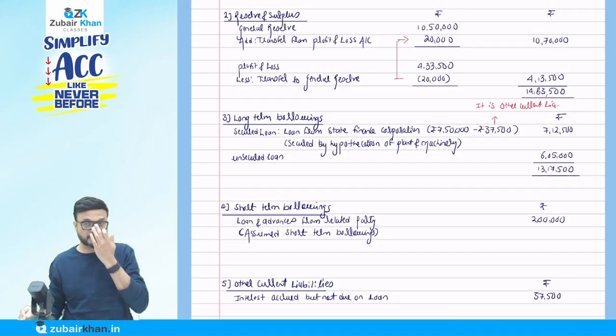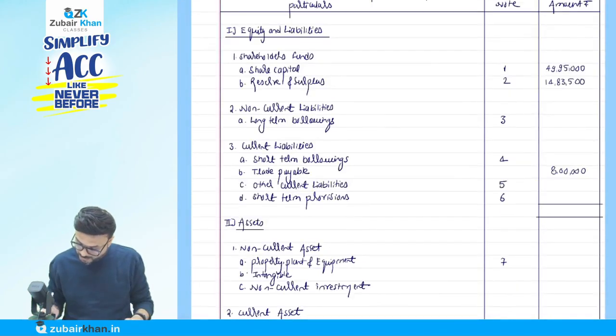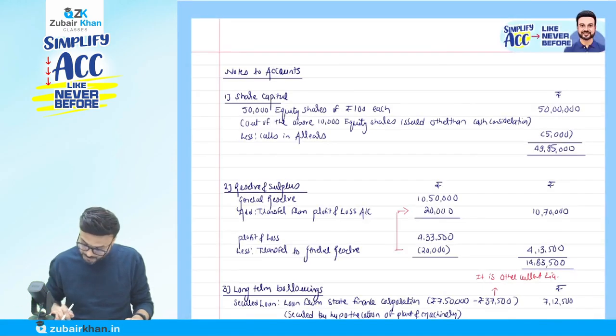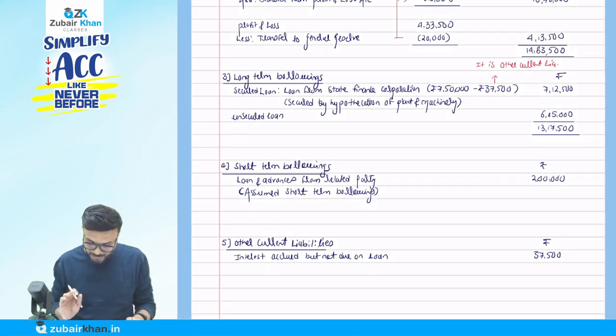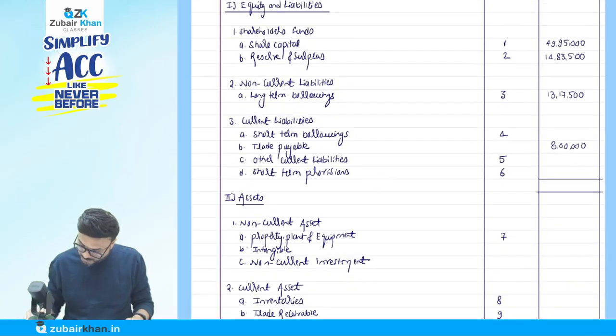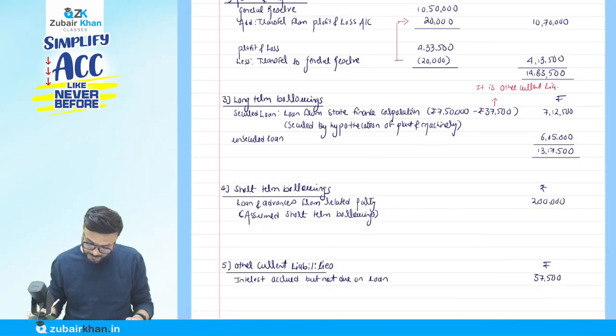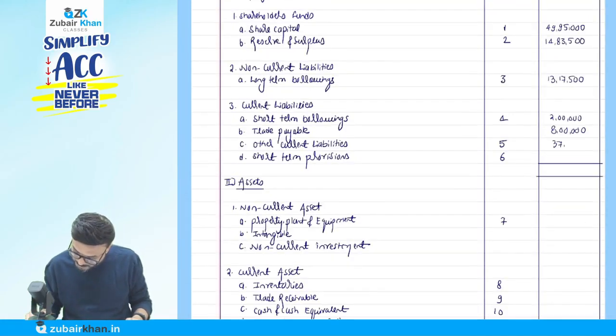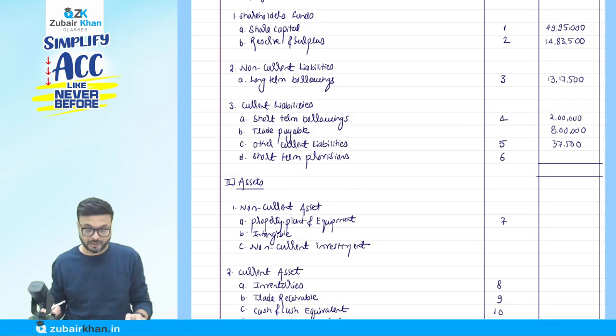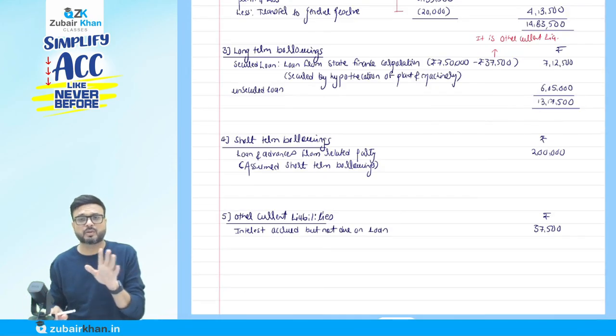So write down here 13 lakh 17,500. Then here we have note number 4. If only one item, no need to write down the total, 2 lakh. So write down here 2 lakh. Then note number 5, 37,500. If you have one item in a note, don't write down the total once again.